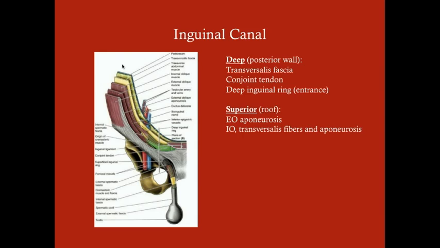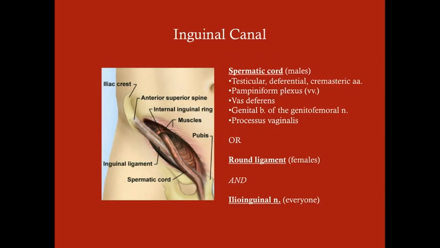So this makes up the posterior wall. And then the superior part is just going to be aponeuroses and fibers from external and internal oblique. Okay. This stuff, unless you're going to be doing operations, is not so important. The stuff I tell you from here on out is much more important.